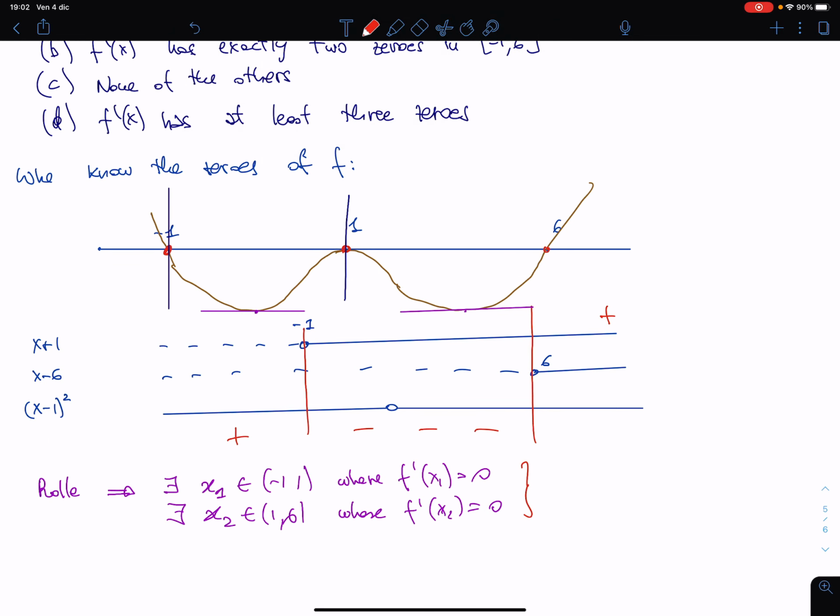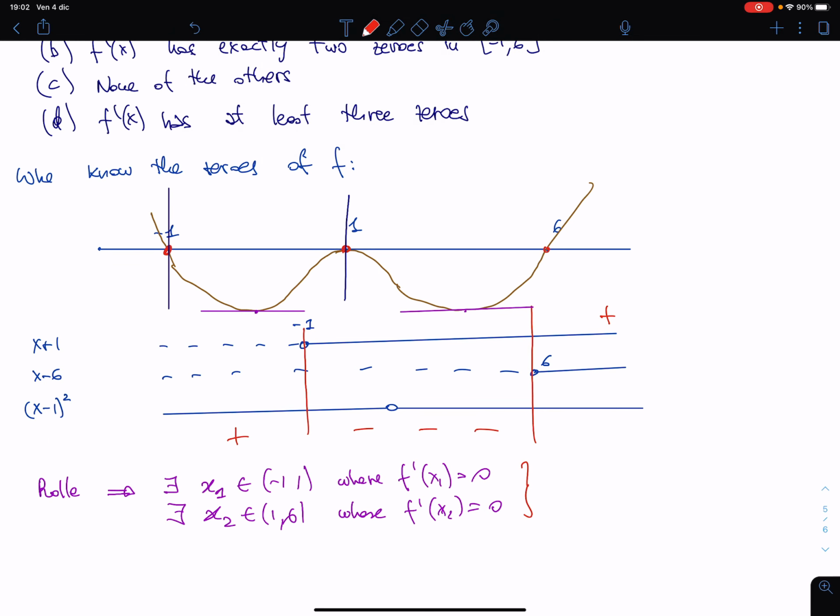But you see immediately that among the answers, there is no answer which is good. We can say from here that there are at least 2 zeros of f prime, but here there are other possibilities, either no zeros or exactly 2 zeros, and we don't know what happens outside the interval, and then at least 3 zeros. So this should suggest to you that there must be another 0.